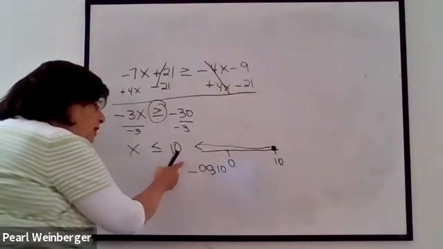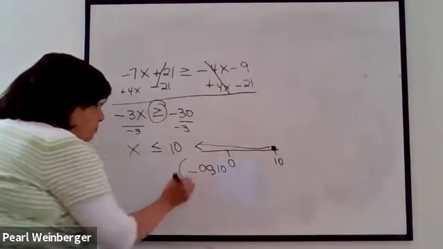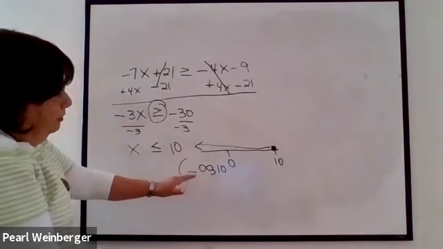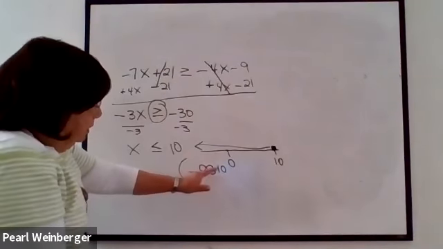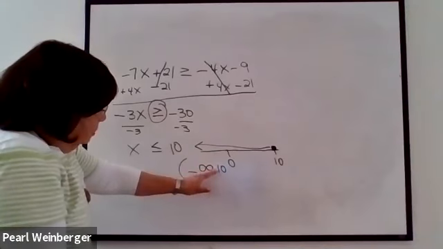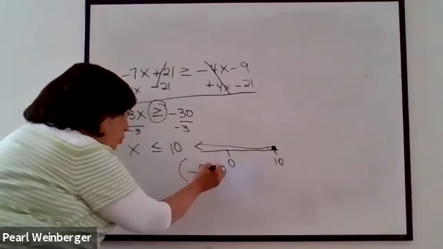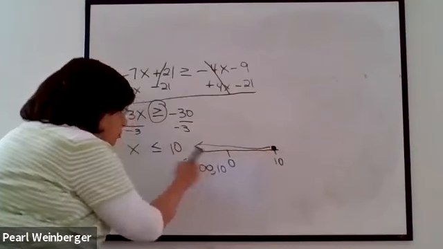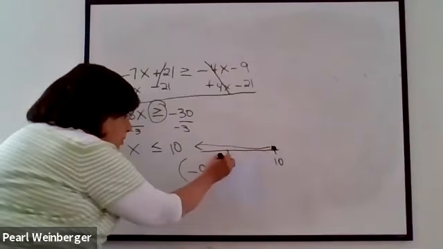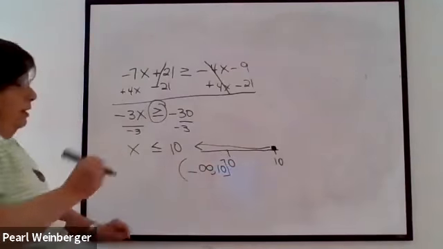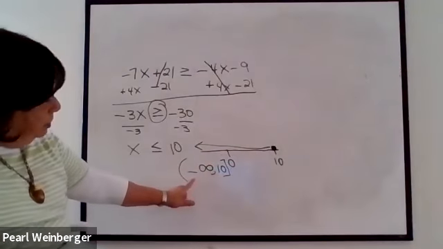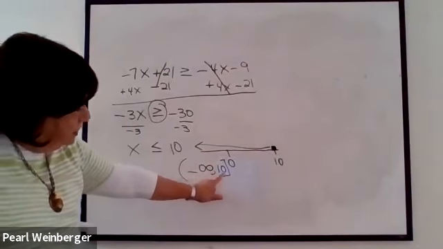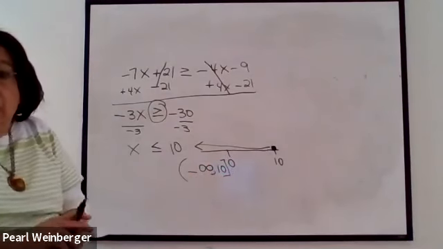At the infinity point, we always put a parenthesis, whether it's negative infinity or positive infinity. Infinity never gets a bracket. Infinity is always a parenthesis. The 10 being a filled-in circle, meaning the 10 is included, that's where we put our bracket. So in interval notation, I get negative infinity, comma, 10 bracket.